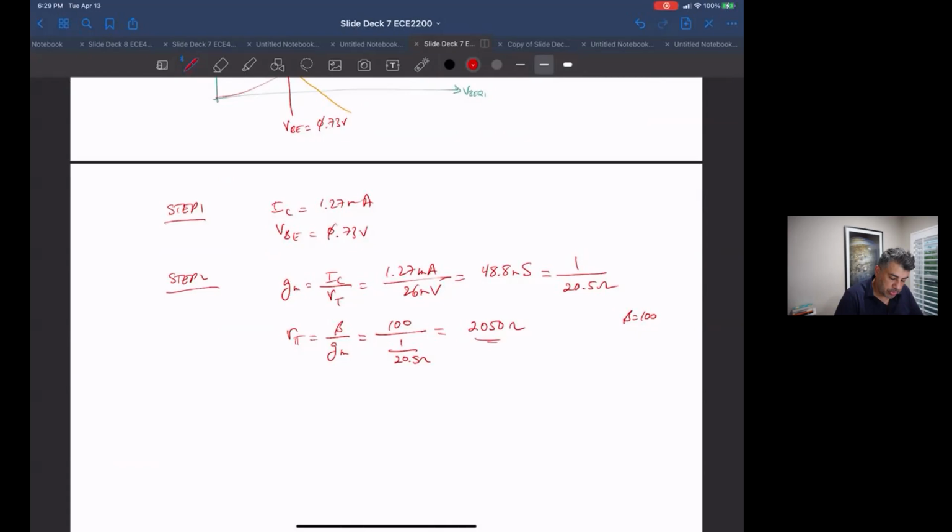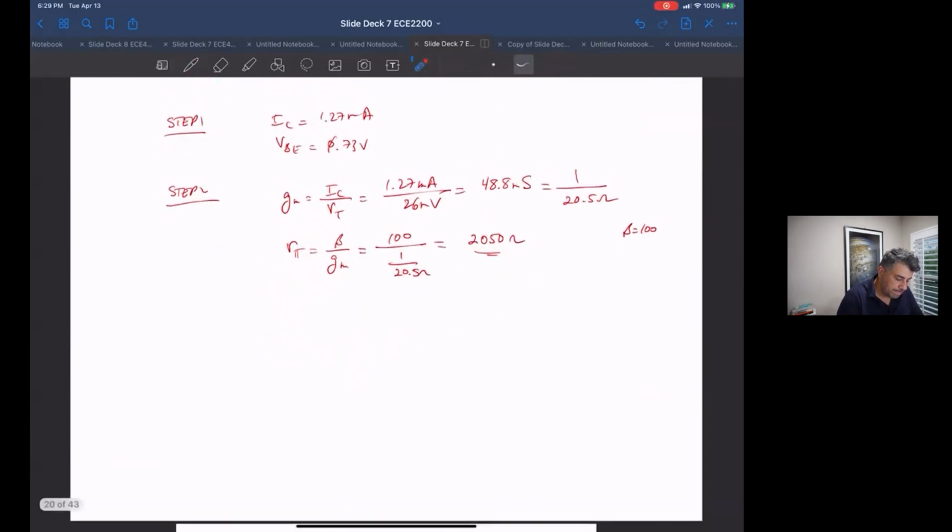Okay, so step two was really fast. Any questions about that? And just memorize these. There's just no other way to put it. Simple equations, you can memorize that, or make a cheat sheet or whatever. Okay, so that's step two, easy.